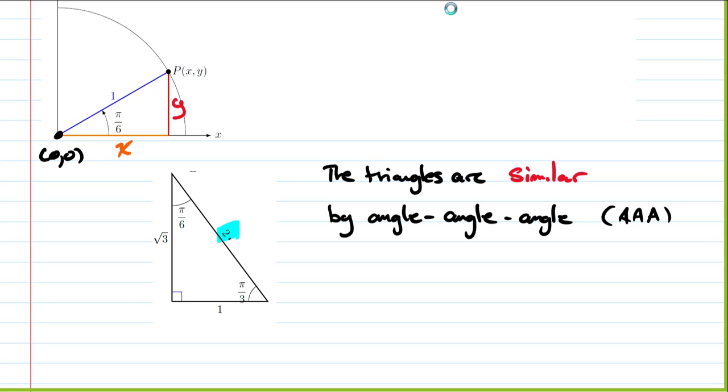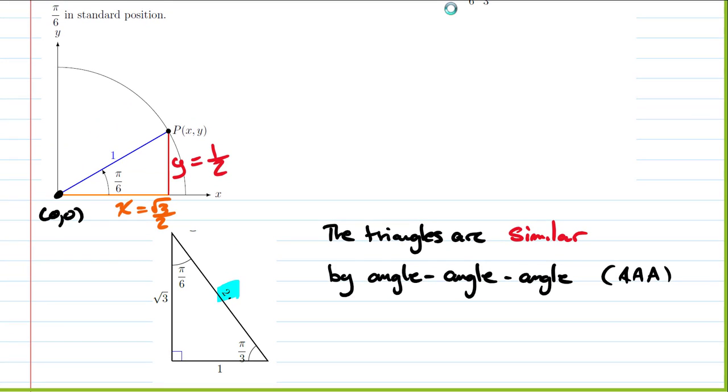So that would make my other sides equal to 1/2, and this side would have to be equal to root 3 over 2. And we'll notice, as we talked about in the previous section, that the trigonometric ratios for similar triangles are always equal.